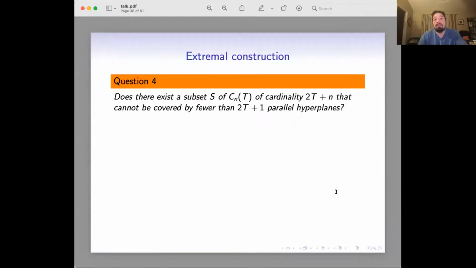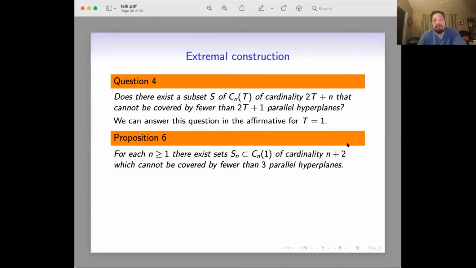So this leads to the question: do such extremal sets actually exist? Does there exist a subset S of this integer cube of cardinality 2t plus n that cannot be covered by fewer than 2t plus 1 parallel hyperplanes? Well, we can answer this question in the affirmative, at least in the case t equal to 1. So we have our integer cube consisting of all integer points with coordinates 0, 1, minus 1.